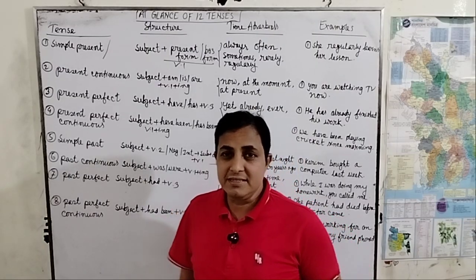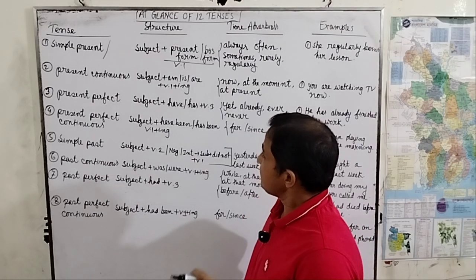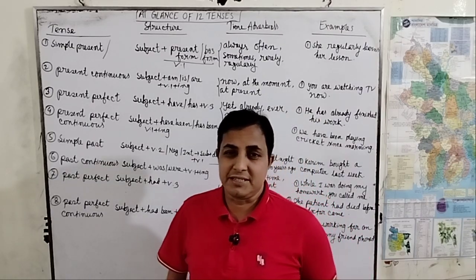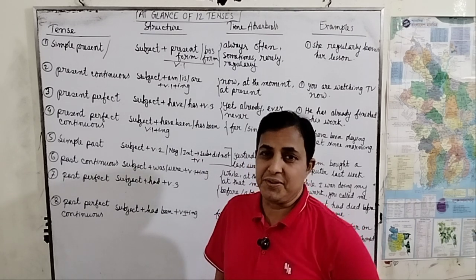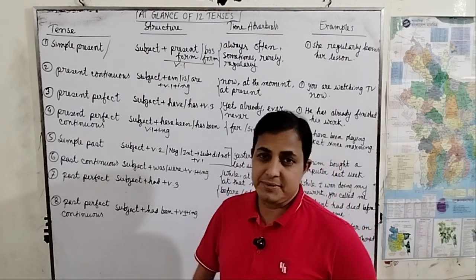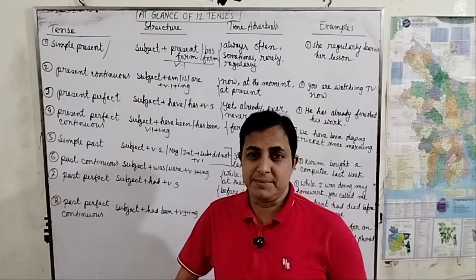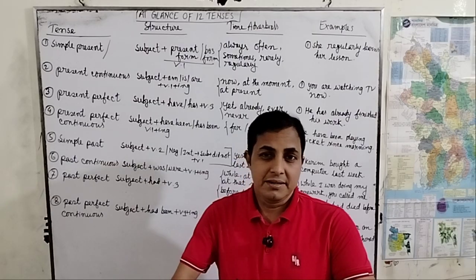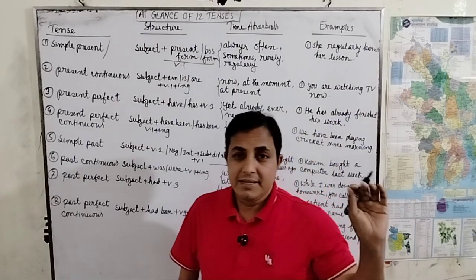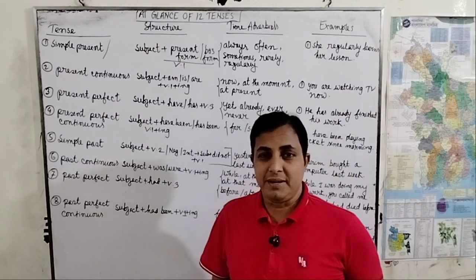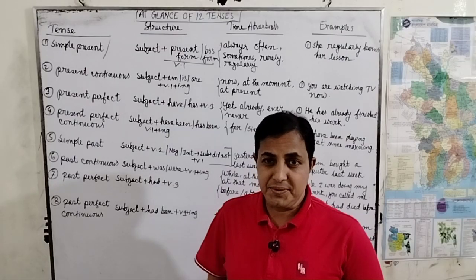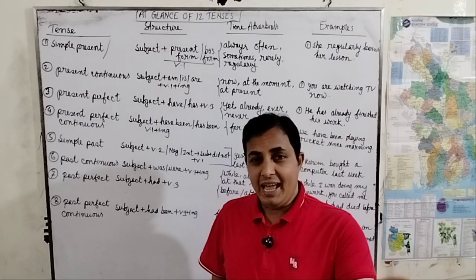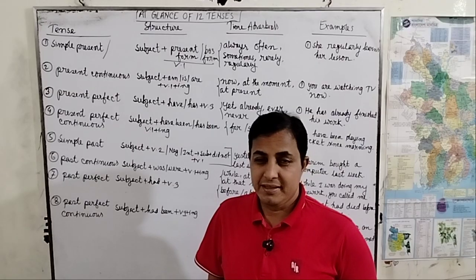But present tense has some conditions. If the subject is third person singular number, you have to add s or es with verbs. If the subject is not third person singular number, you don't need to add s or es, especially in affirmative form.